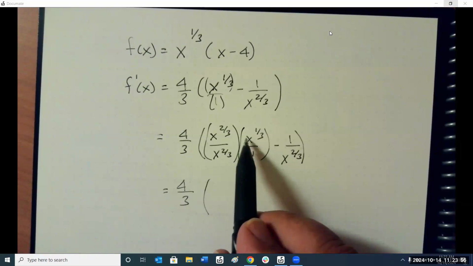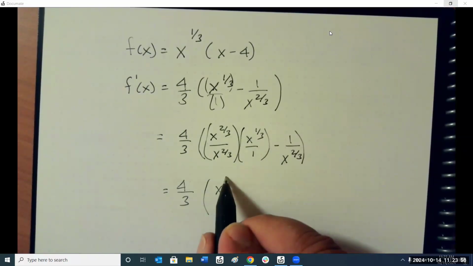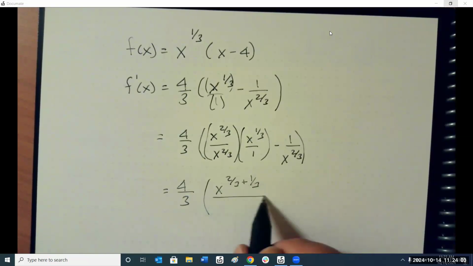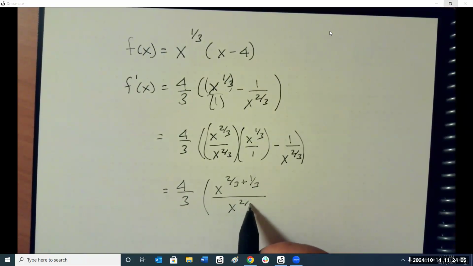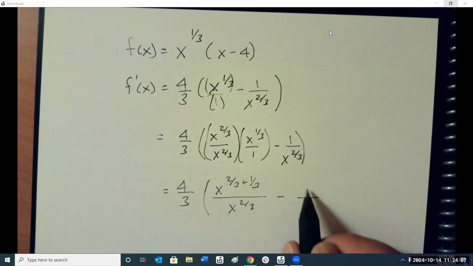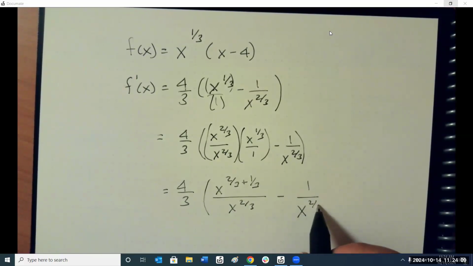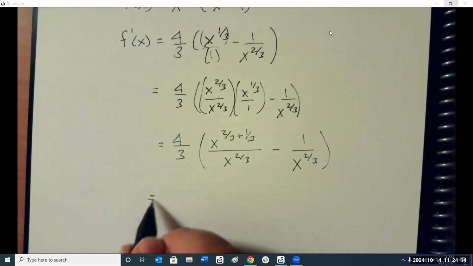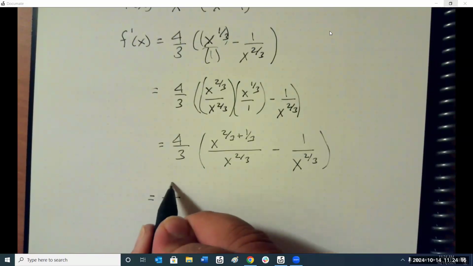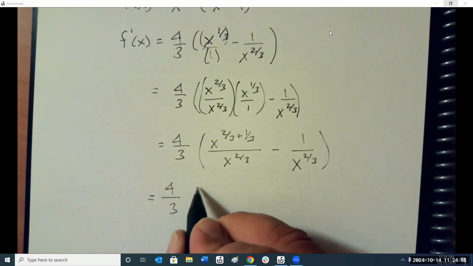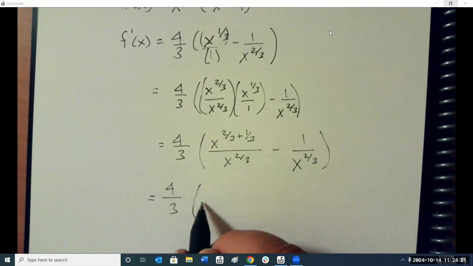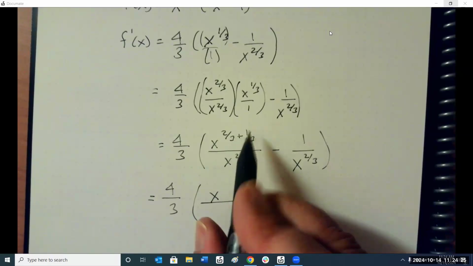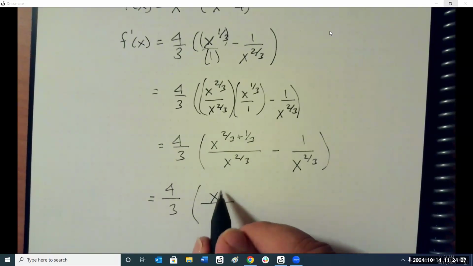x to the 2/3 times x to the 1/3, so it's 2/3 plus 1/3 over x to the 2/3, minus 1/x to the 2/3. We have 2/3 plus 1/3 is 3/3, which is just 1.